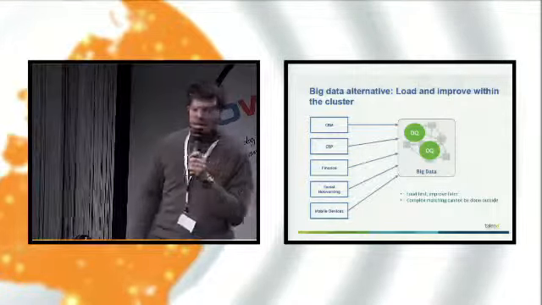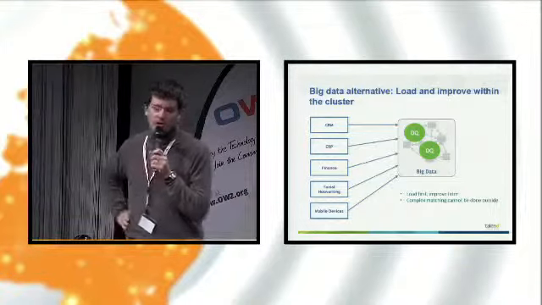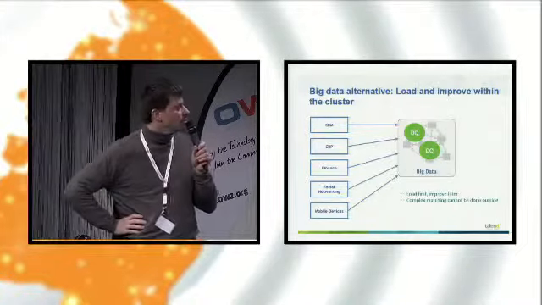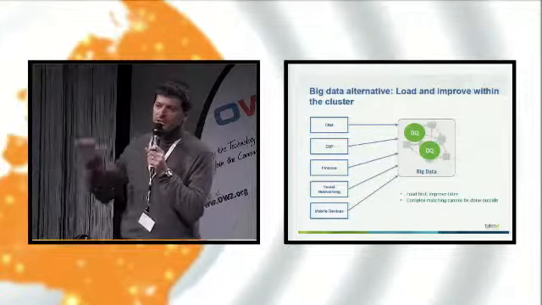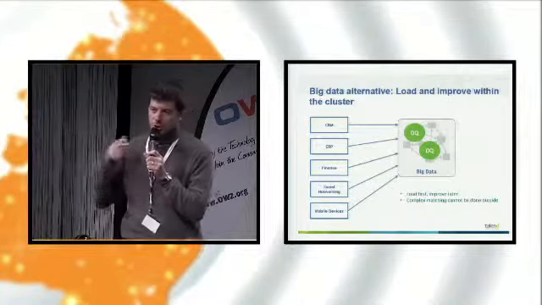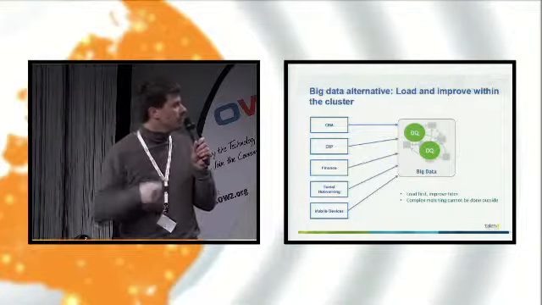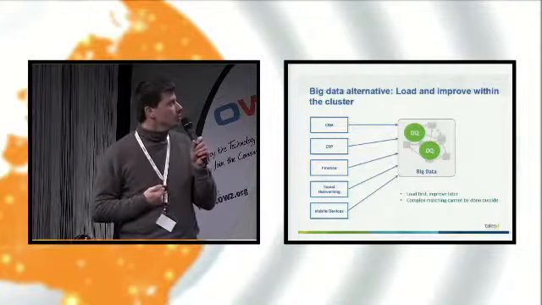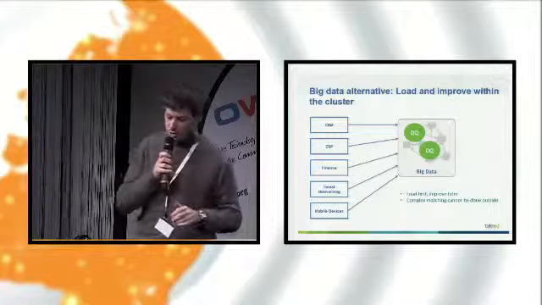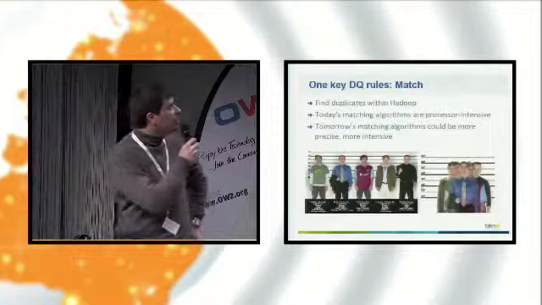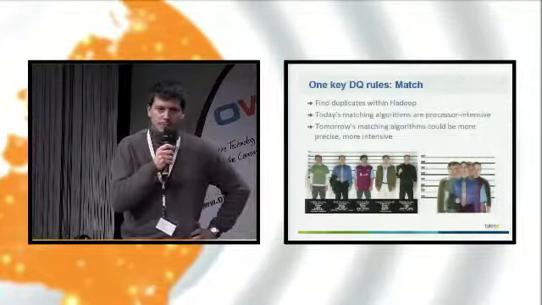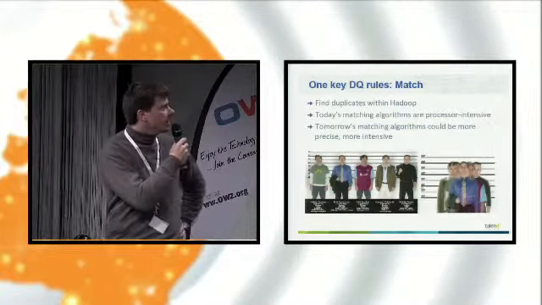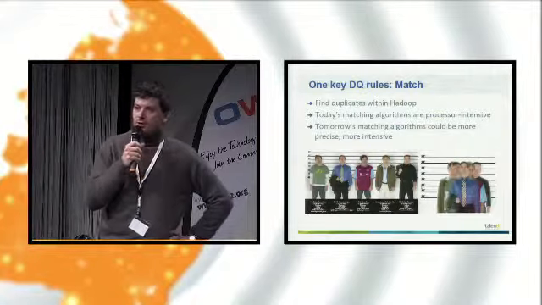But sometimes we need to leverage the power that the big data cluster gives you. So it will also be interesting in some cases to put the data quality inside the cluster. That means you should generate MapReduce code to be able to use the Hadoop platform to do the data quality. For example, when you want to do matching, it's a very complex algorithm that needs a lot of power.